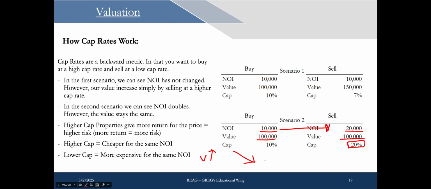And maybe, who knows, in 5-10 years, if somebody bans work from home, outlaws it, and it becomes illegal, everybody has to go back into the office, then office buildings will be considered less risky, the cap rate will shrink, and the property value will go up, right? So that's the relationship there.